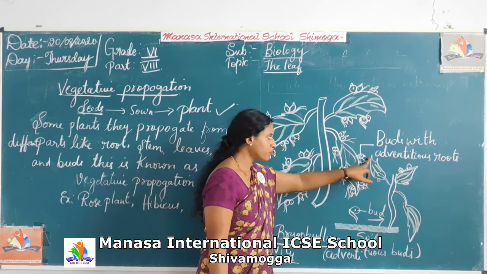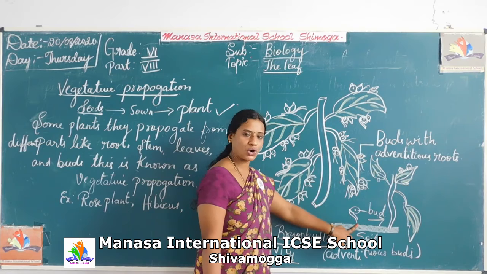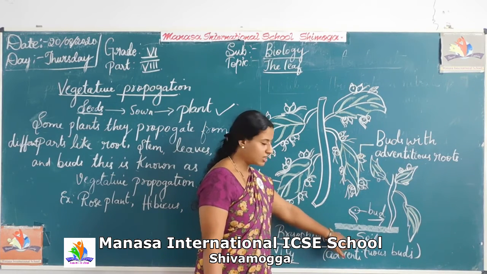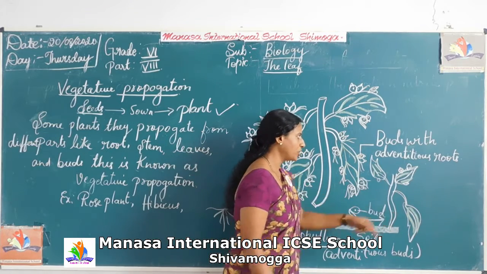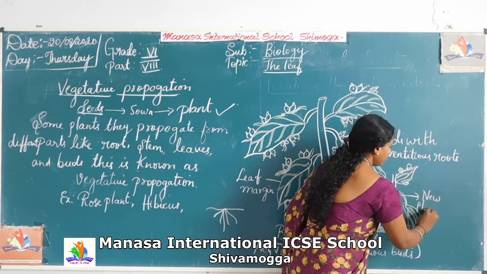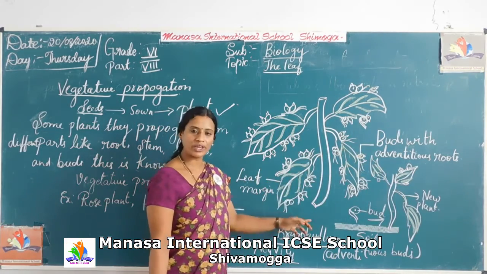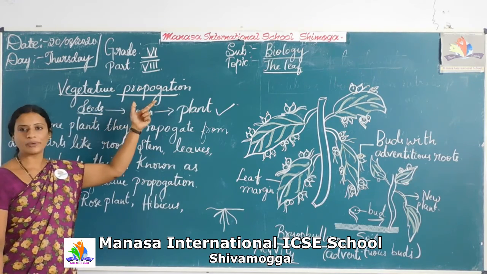And these buds which are found on the leaf margin, when they fall on the soil and bury, isn't it? They come in contact with the soil, they get all the essential nutrients and they start giving rise to a new plant. This is the new plant. Is it clear? So this method of growing a new plant is what we call vegetative propagation.